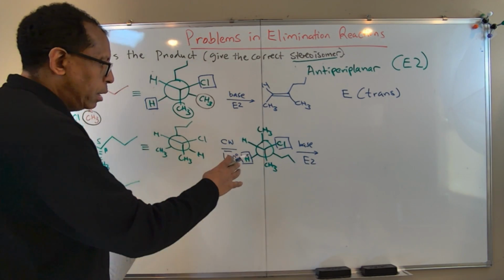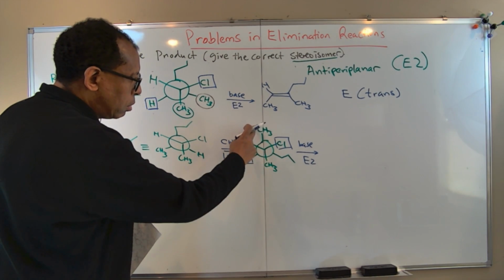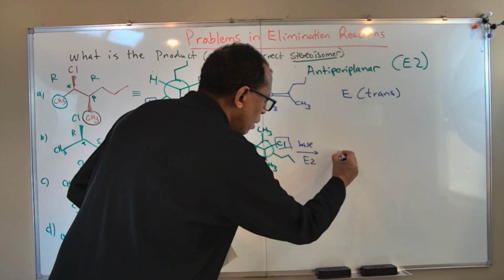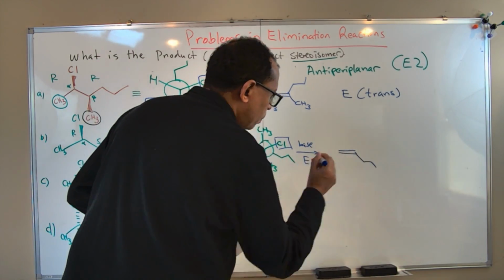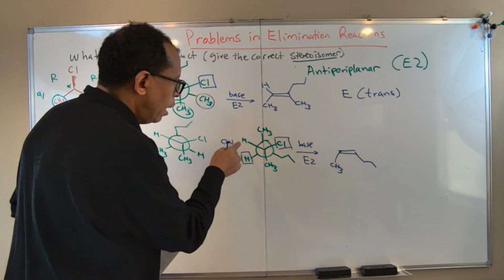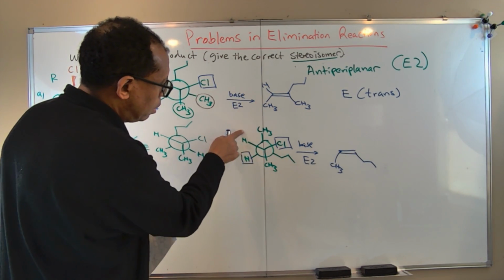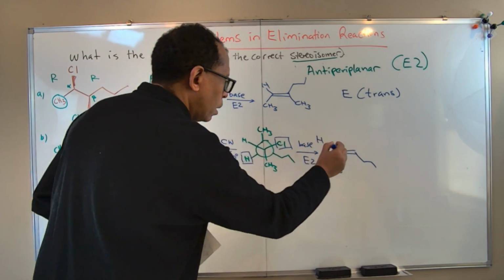Now I would get these two on the same face and these two on the same face. Propyl is here, CH3 is here, and I would get this hydrogen here, and that CH3 is there.